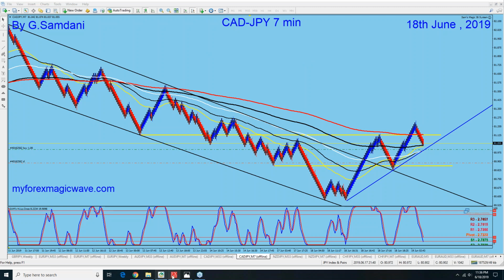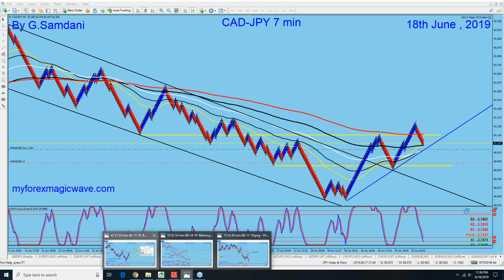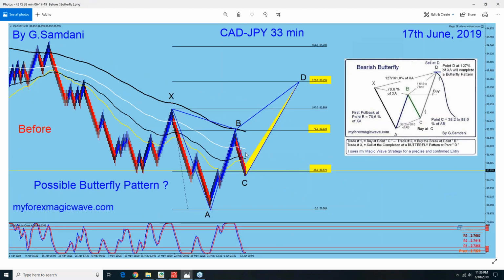The chart that I sent out the other day on the Telegram channel, earlier on the 17th, said this is some kind of possible butterfly pattern, question mark. Usually the C point in those harmonic patterns is a 23% line.